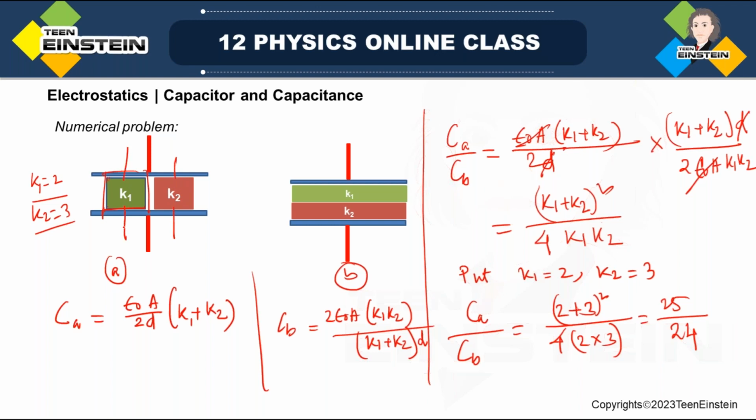Both ends are connected to the same battery. So that's why they are in parallel combination. But in this case, you look, these are at different potentials, V1 and V2. That's why they are considered as a series combination. And then we have to calculate the equivalent capacitance according to our knowledge of series or parallel combinations of the capacitors.